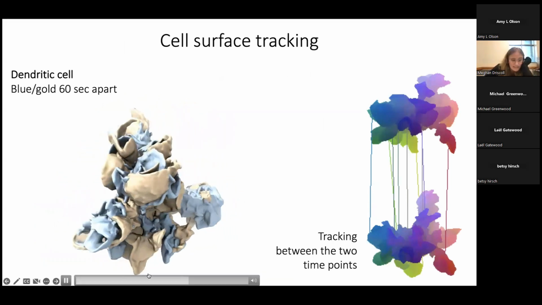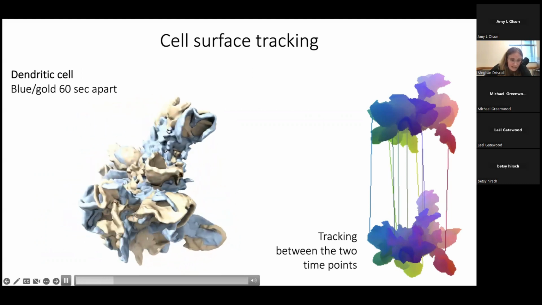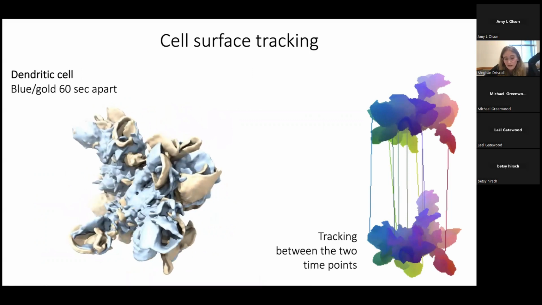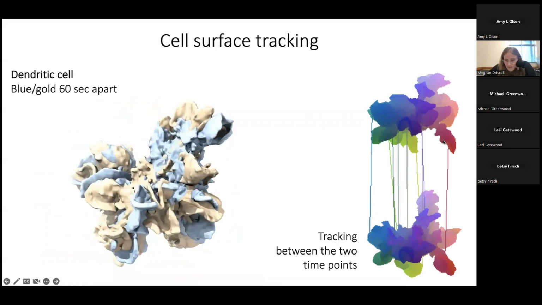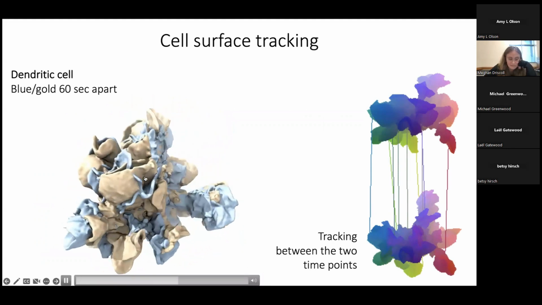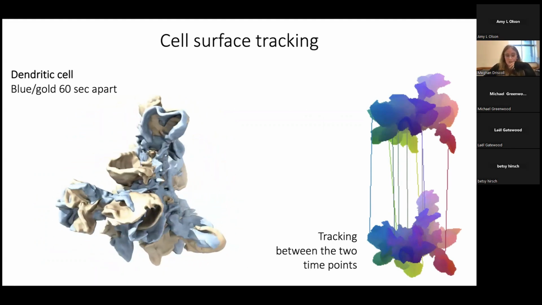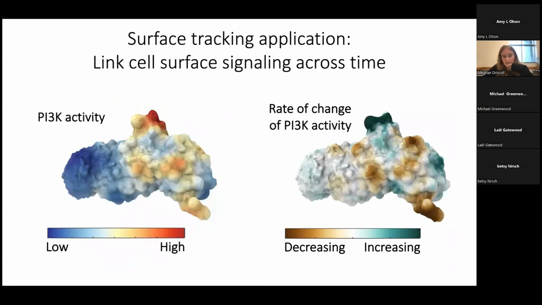Okay. Right, so this is one of our earliest trackings. This is a dendritic cell imaged 60 seconds apart. So imagine the dendritic cell at time 0 is in blue and in gold is in 60 seconds, and it's moving quite a bit, right? So even though it moved a lot, we can still generate a nice coherent mapping across all of those changes, right? And that means we can not only track cell motions locally, but we can also do things like do the calculus of signaling on the cell surface, right?